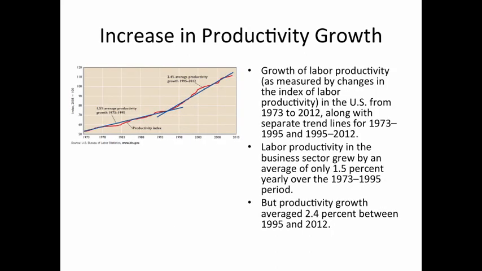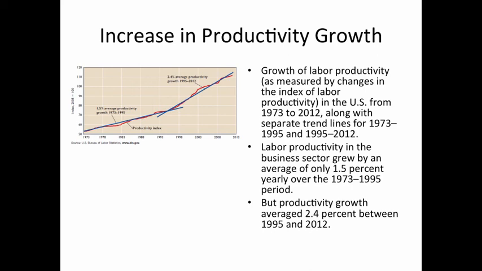This chart here shows the growth in labor productivity. This is measured by changes in the index of labor productivity, and we see this ranging from 1973 to 2012, along with two separate trend lines, one from the 1973 to 1995 period and one from 1995 to 2012.